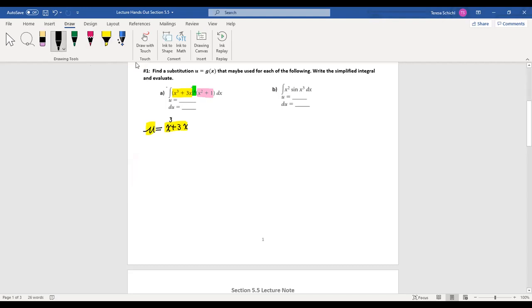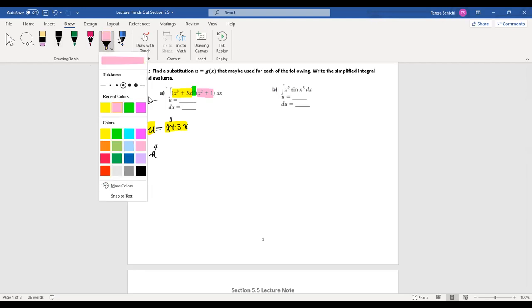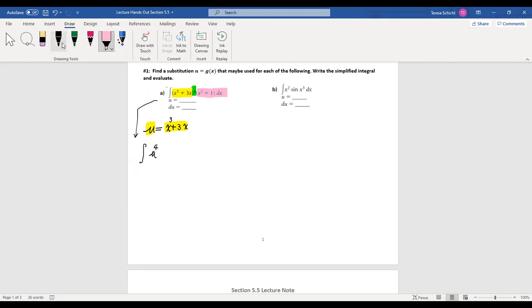And then I need to match all the remainings. So I can change my u to this yellow term, so I can say it's u to the 4th. Wow, that's pretty good. But I still have the remaining light pink terms, right? So let's see what I can do.